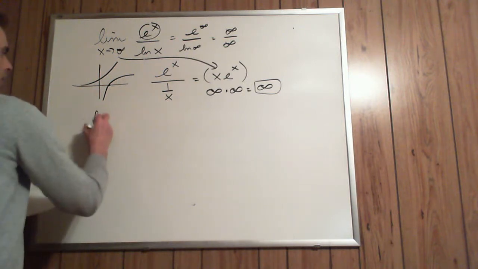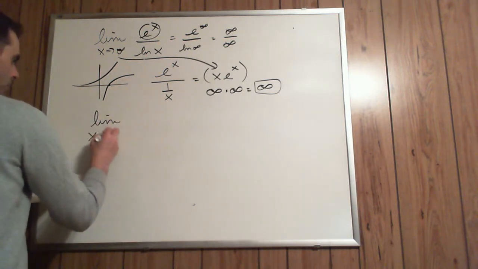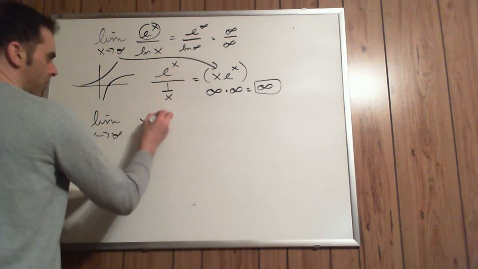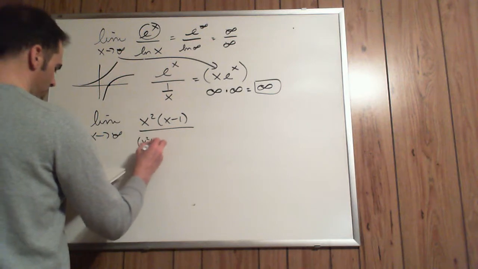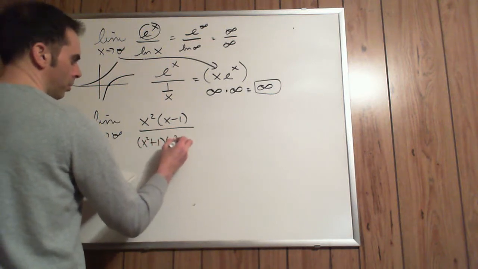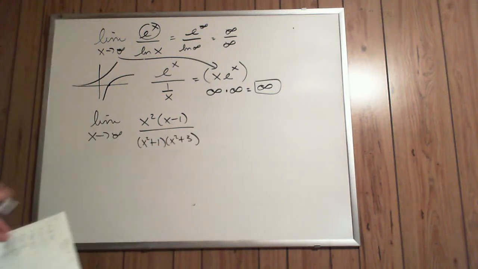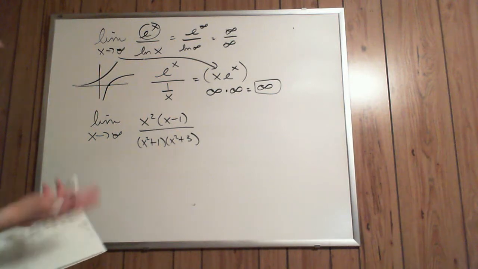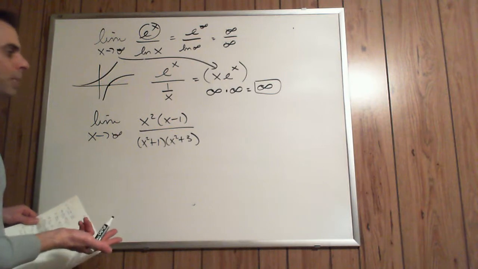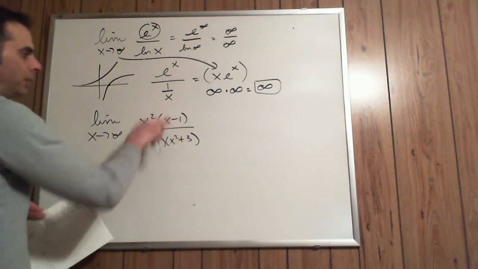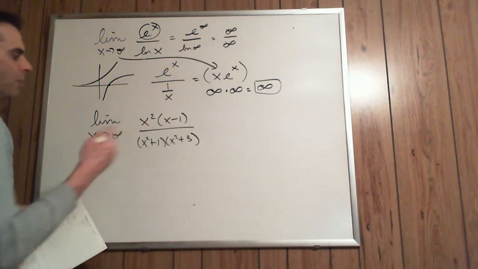Next, the limit as x goes to infinity of x squared times (x minus 1) all over (x squared plus 1) times (x squared plus 3). If you put in infinity, you definitely get infinity over infinity. So you can do L'Hopital's rule by cleaning this up and taking the derivative of the top and the bottom.